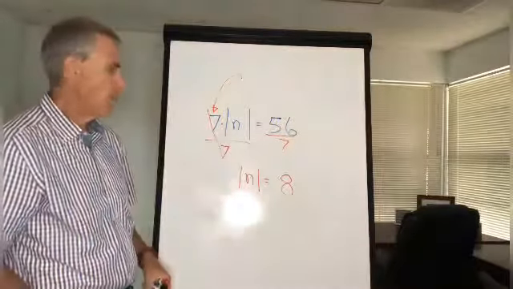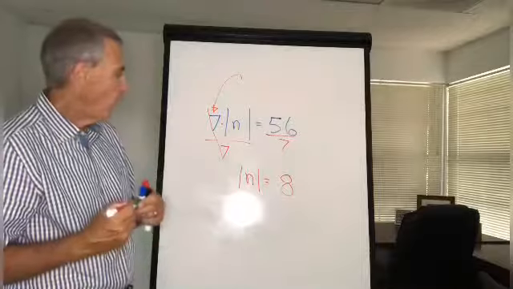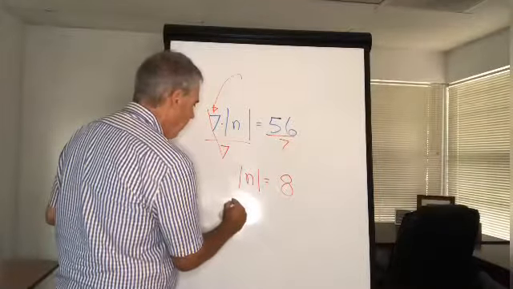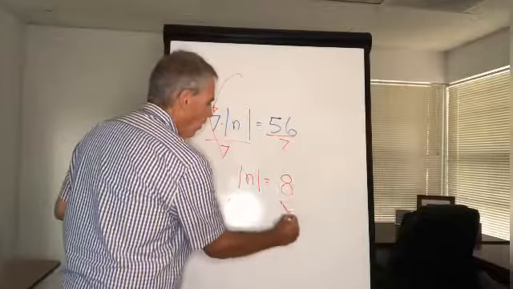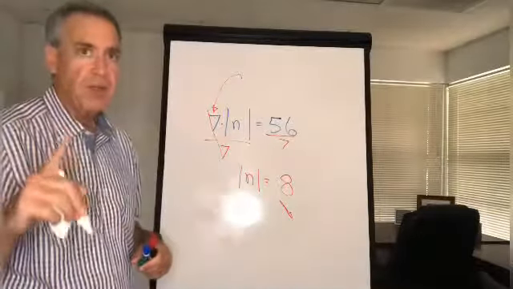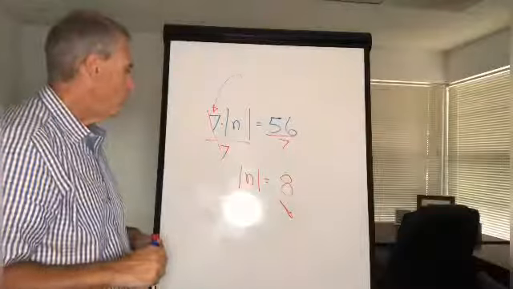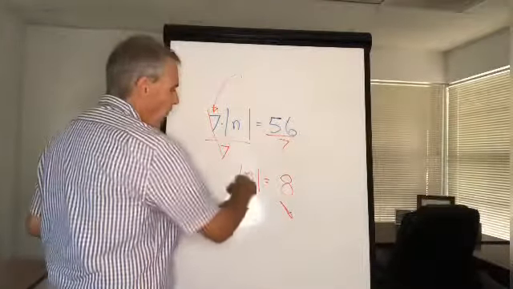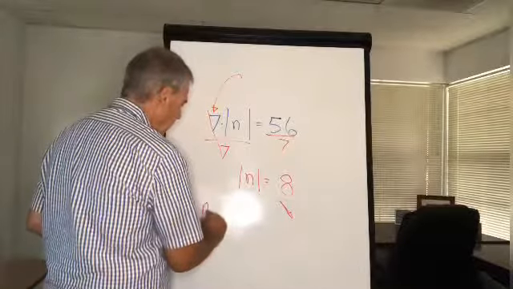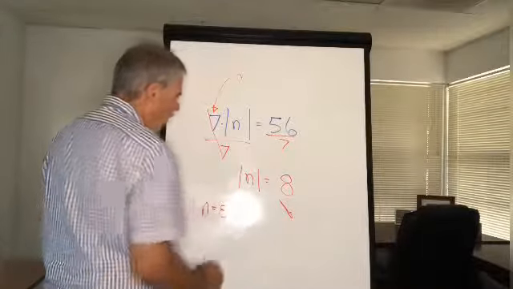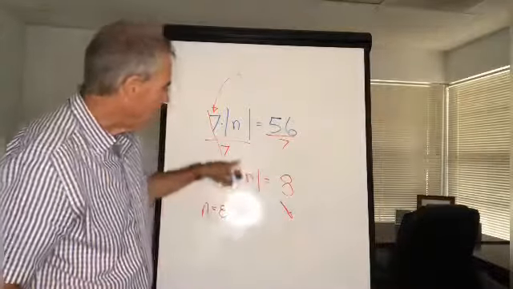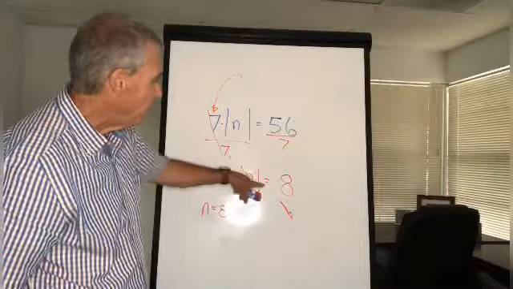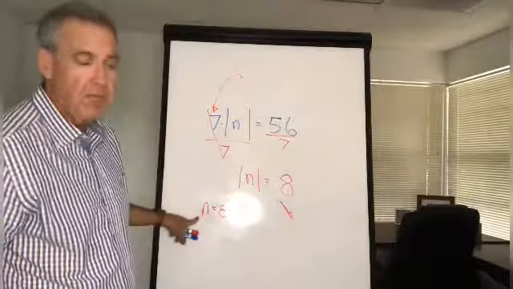At this point, it's really cool because absolute values almost always don't have one answer. They've got 2. So the first thing we do is find the 2 answers. The first answer is easy. We just put everything down except for the absolute value signs, so instead of the absolute value of n is equal to 8, it becomes n is equal to 8.